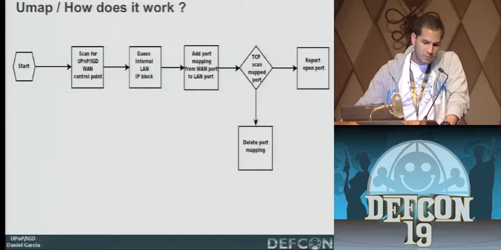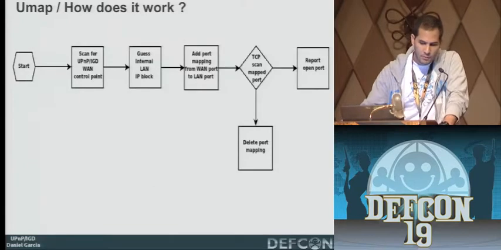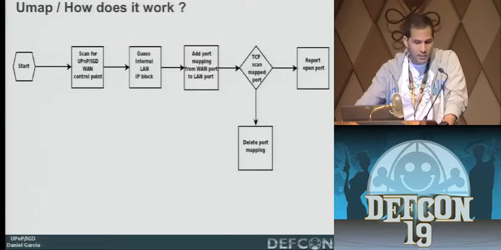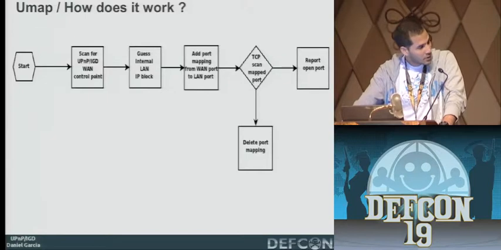So we also have the part of scanning the internal host, and basically it also checks for open control points. Then it tries to guess the IP or the internal LAN block that's being used. It adds a port mapping for each internal IP.